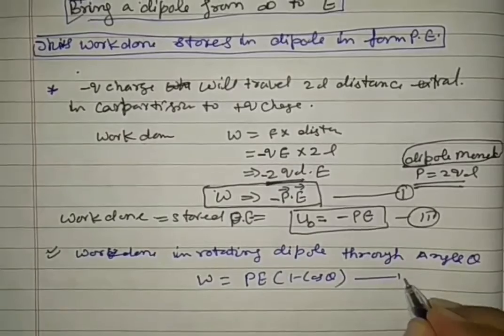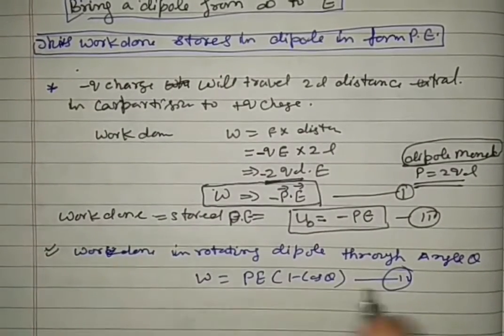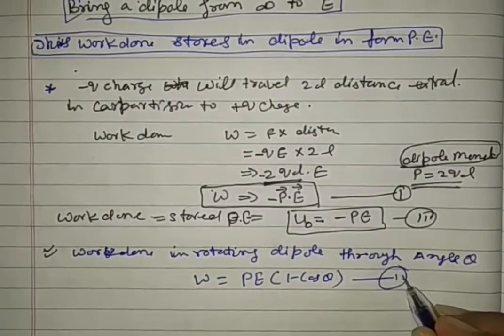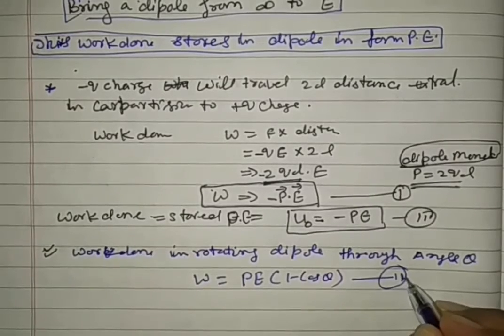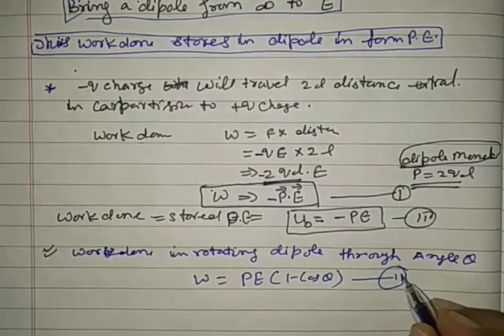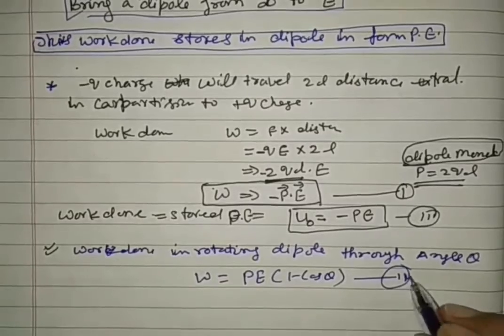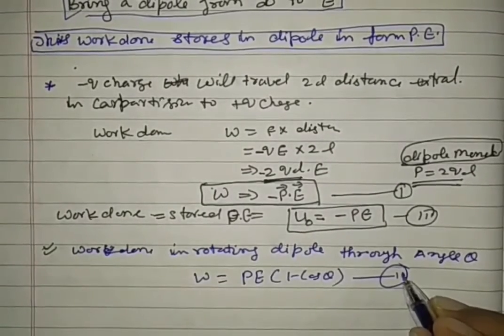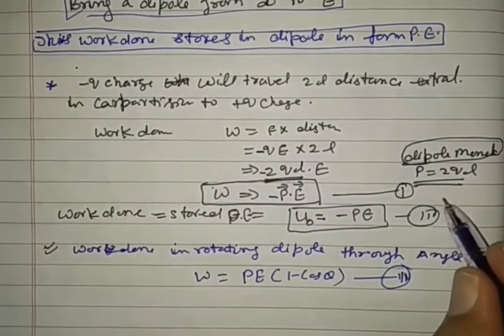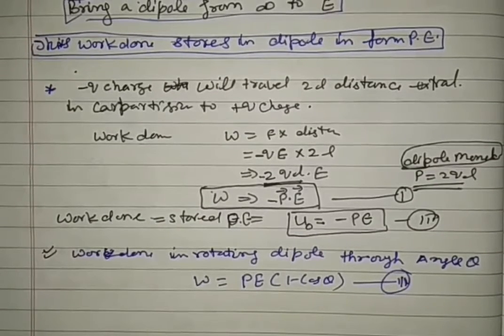We have just defined this before this topic in this lecture. W is equal to pE(1 minus cos theta), and here in the second part we are representing it as equation number 3, right?